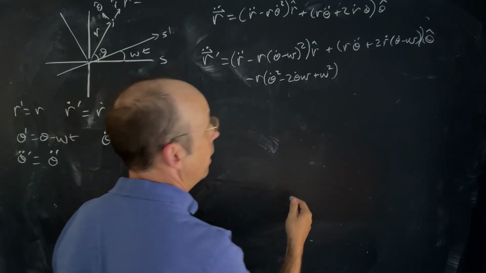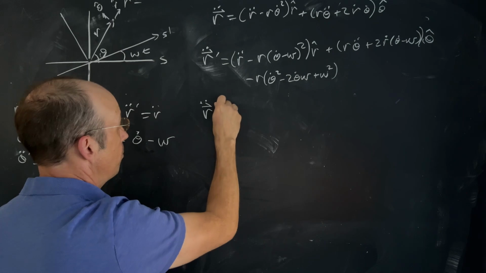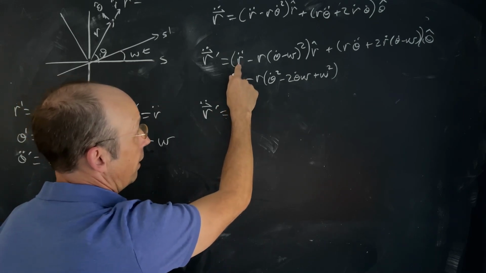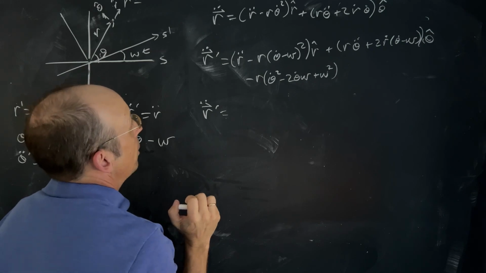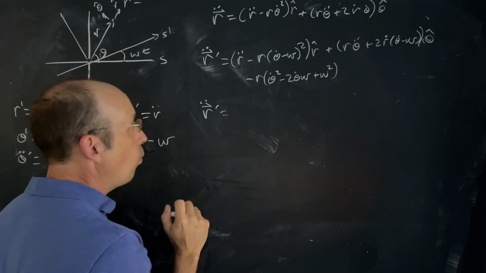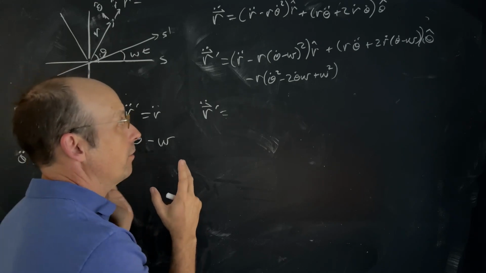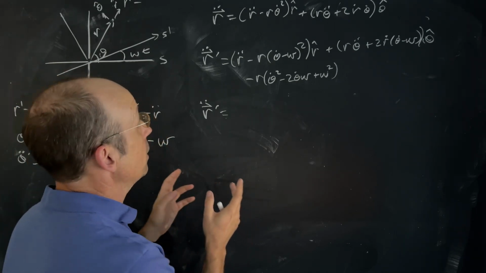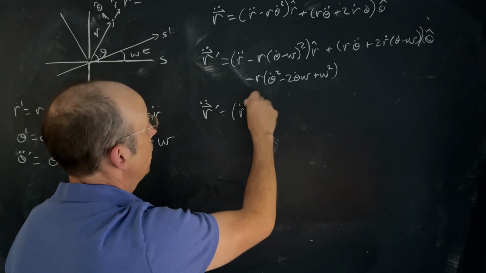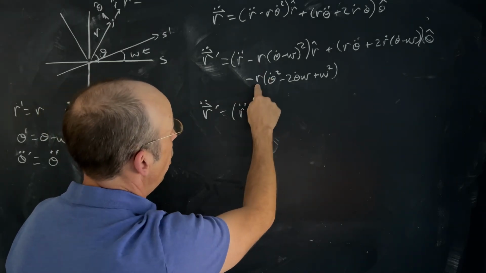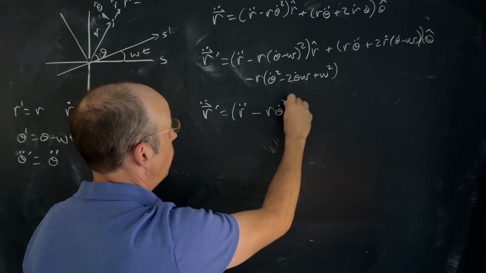Okay. And then if I do that, I get r double dot prime. What I want to do is get my original r double dot vector out. So anything that was in there before, I'm going to keep. So I'm going to say r double dot minus r theta dot squared, r hat.